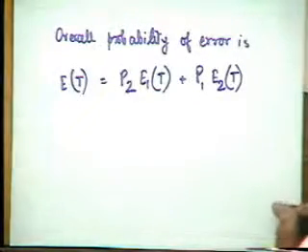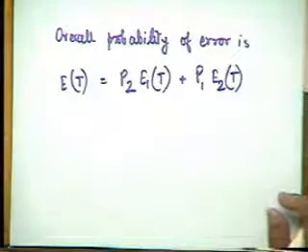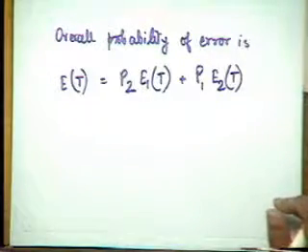Okay, so the overall probability of error is P2 E1t plus P1 E2t.